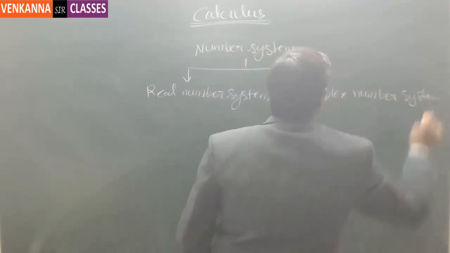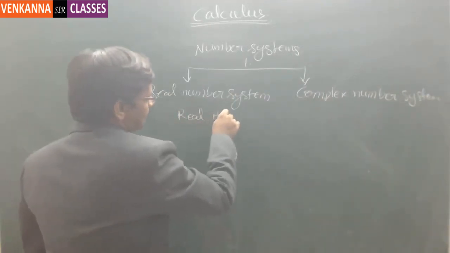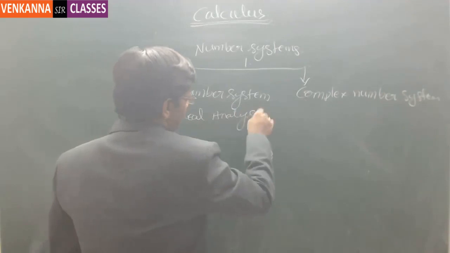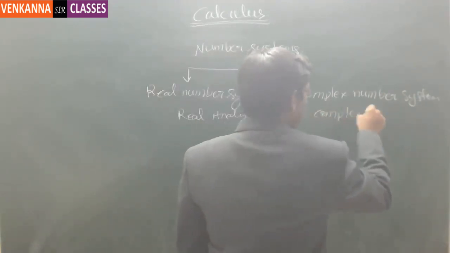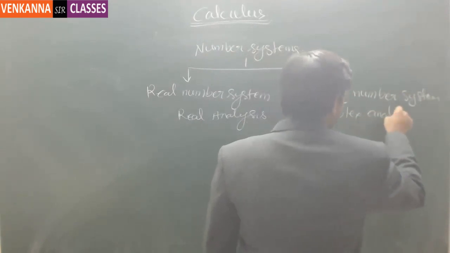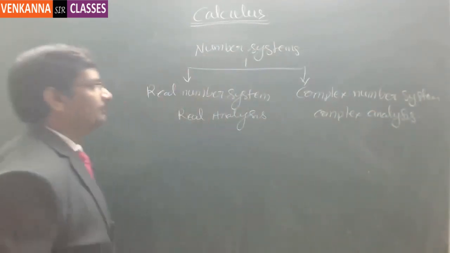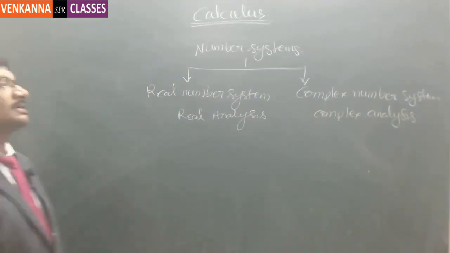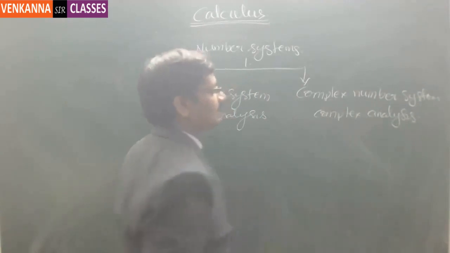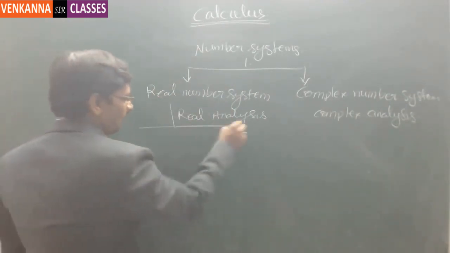So this is exactly the reason why we have a topic called real analysis here and complex analysis here. So we have two topics, right? In the real analysis, we'll be dealing with certain things, and in the complex analysis we'll be dealing with certain things. Here, the real number system is again divided into multiple parts.